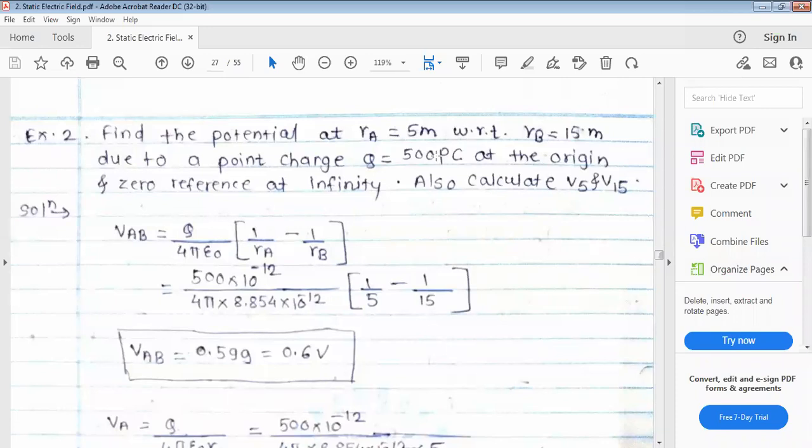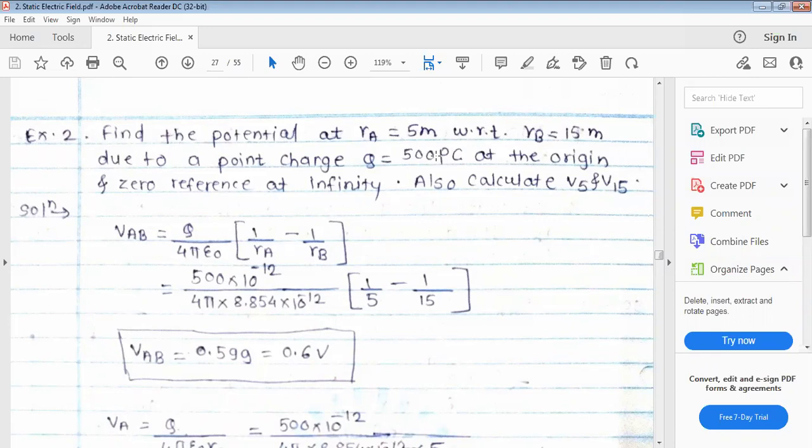Also calculate V5 and V15. Okay, so what they are asking first, we have to find the potential at RA and RB.